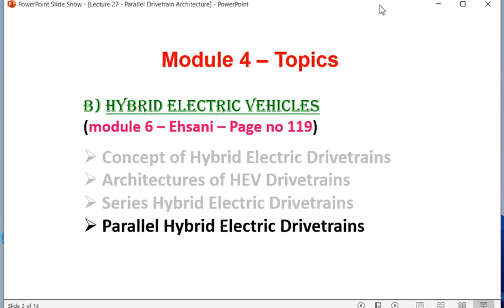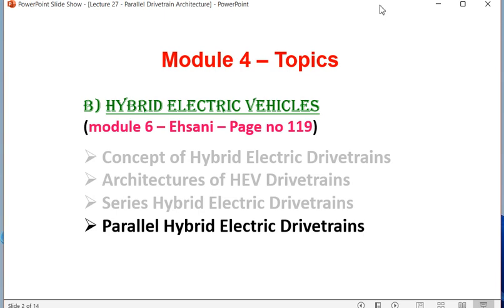Today we are going to see the last topic in module 4. Under hybrid electric vehicles, we are going to see the parallel type of hybrid electric drivetrain. In the first 4-5 lectures, the parallel hybrid electric drivetrain topic will be over, because already we have seen in case of series hybrid electric drivetrain that there is an engine driven by fossil fuel that is generating some kind of mechanical output, that is engine output, and that is a primary energy source.